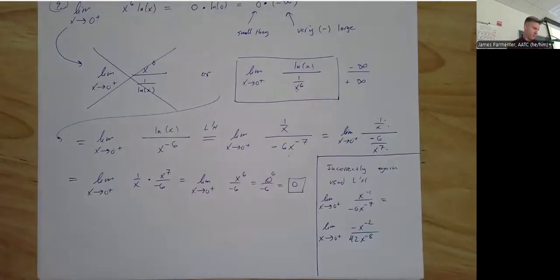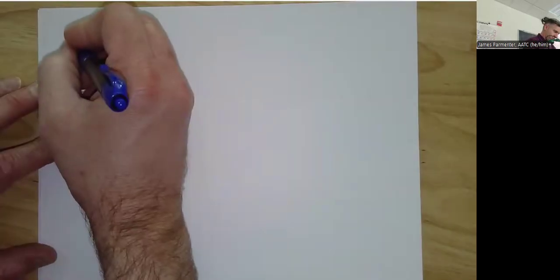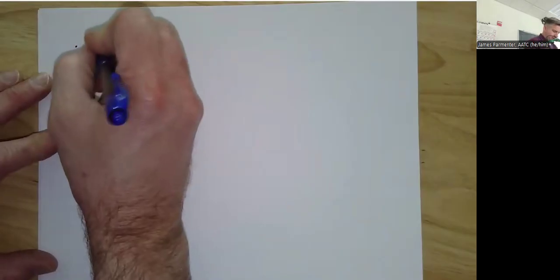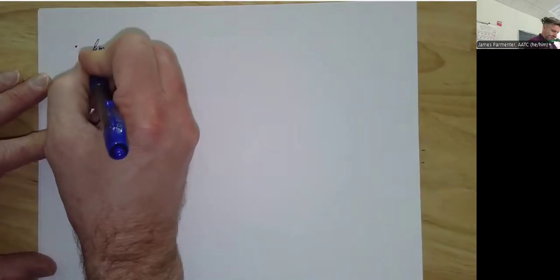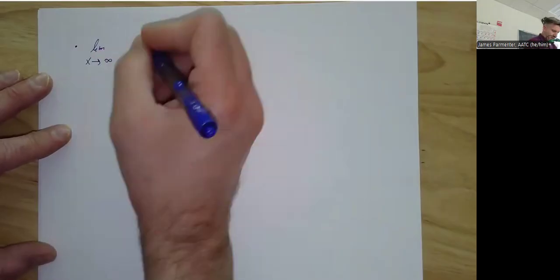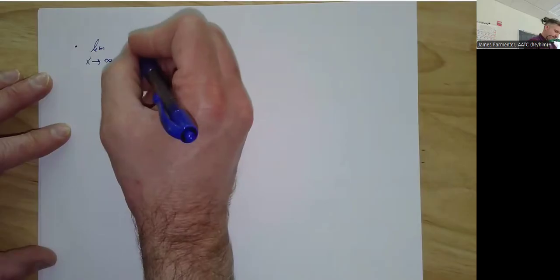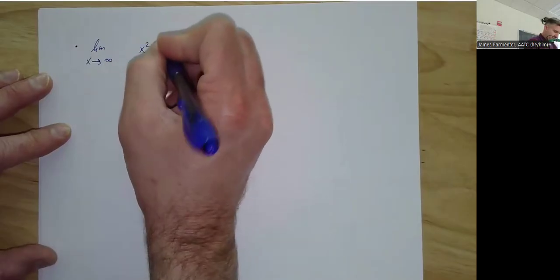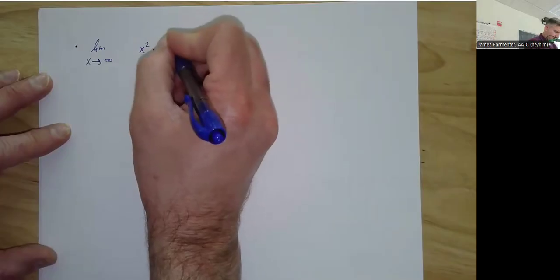Let's look at another example. Let's look at the limit as x goes to infinity of x squared times e to the negative x.